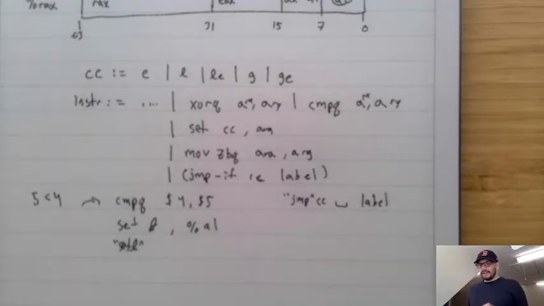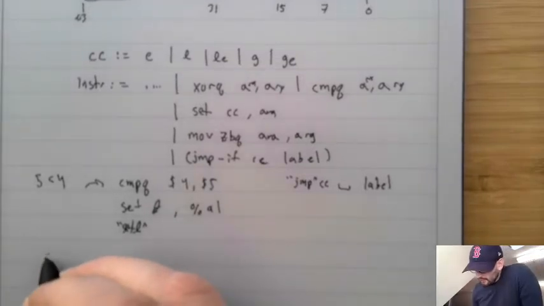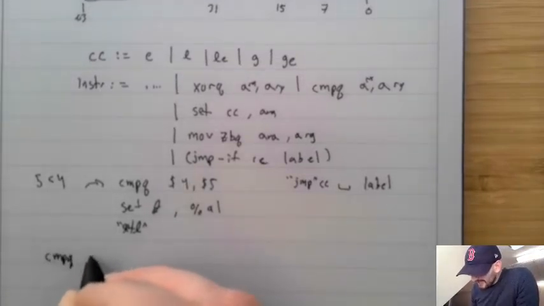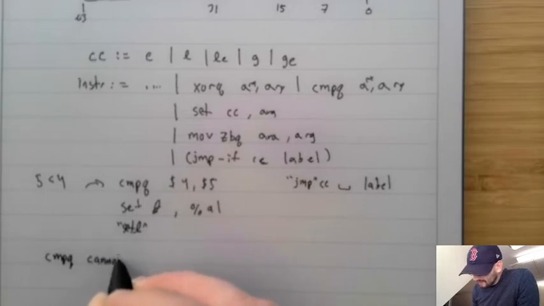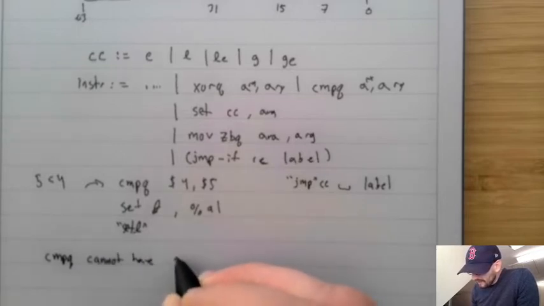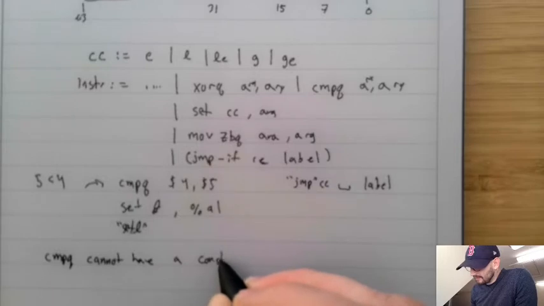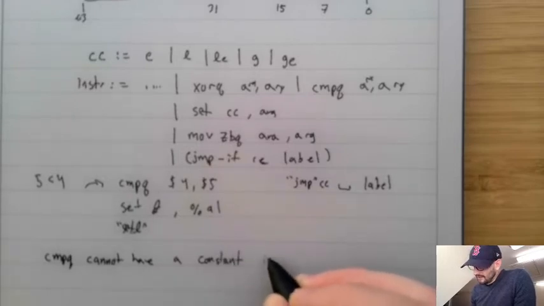Okay, finally, let me comment a little bit about the rules of x86, and remember these rules are going to be enforced by patch. So compare Q cannot have a constant in the second spot.